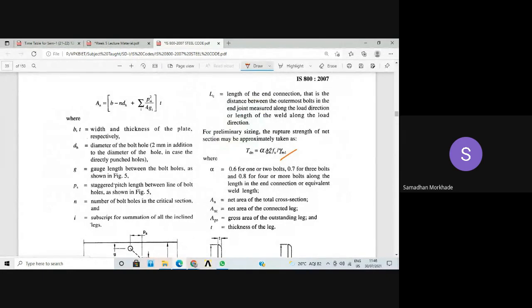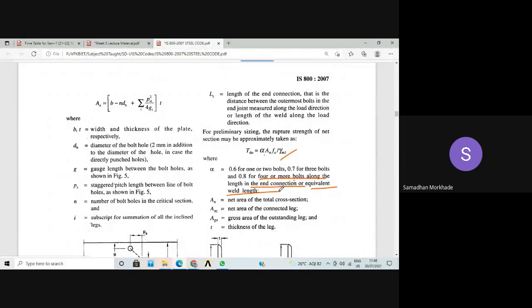Alpha is for 4 or more bolts along the length in the end connections or equivalent weld length. If it is a welded connection, you have to take alpha as 0.8. And how to calculate this AN? In case of a welded connection, this AN is your AG.